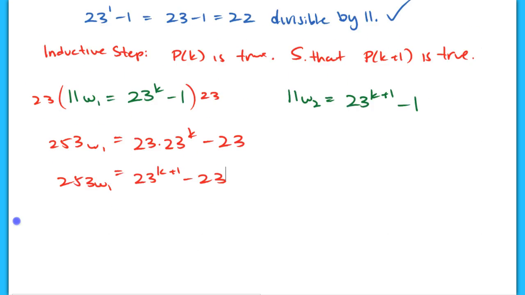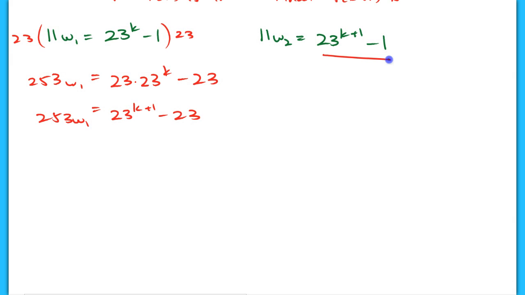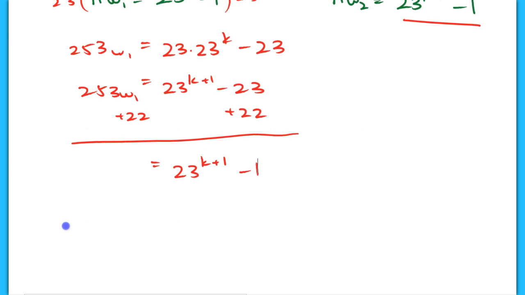All right, now the left-hand side is getting close to looking like the left-hand side over here, but notice that they are differing by a positive 22. So what I'm going to do is add 22 to both sides here. Now when I add 22 to both sides, I'm left with 23 to the k plus 1 minus 1, and on the right-hand side, I have 253 W1 plus 22.